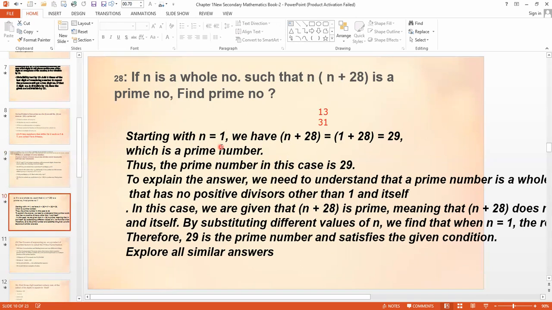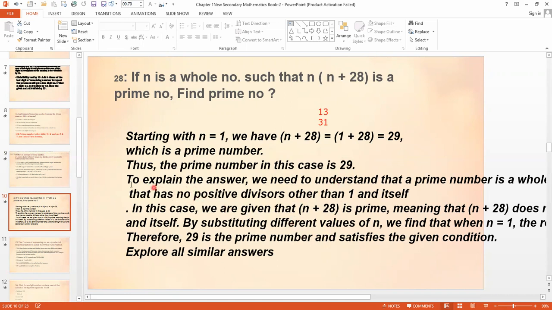Starting with n equal to 1, n plus 28 is 1 plus 28, which is 29. So 29 multiplied by 1 is equal to 29, that is a prime number. Thus the prime number is 29. Why 29? Because I take the first value, 1, and when I add, I get a prime number. That's all.